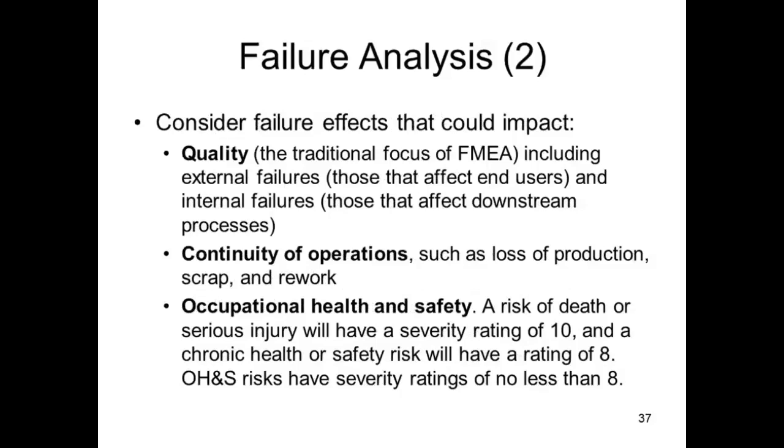An OH&S risk can have a rating of no less than 8 according to the AIAG VDA manual, and previously an OH&S risk couldn't have a severity rating of less than 9, but I'm assuming that chronic health or safety risk relates to one that will give warning before it results in permanent harm or impairment. For example, repetitive motion injury that makes itself known to the worker before serious harm can happen.